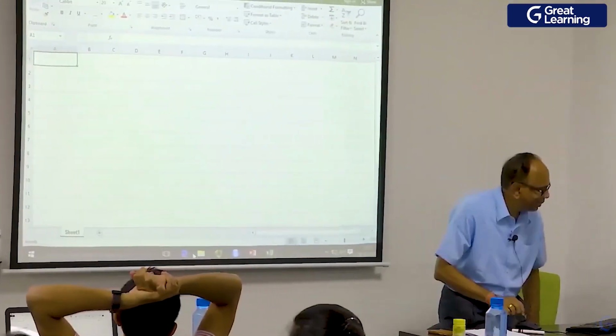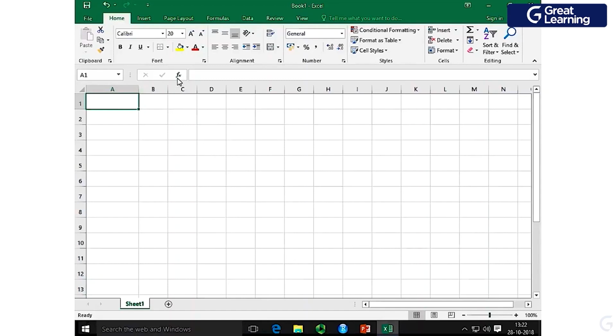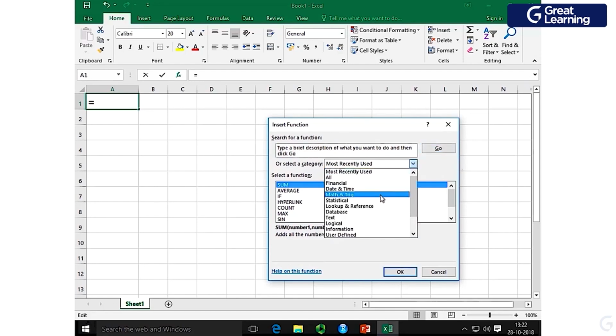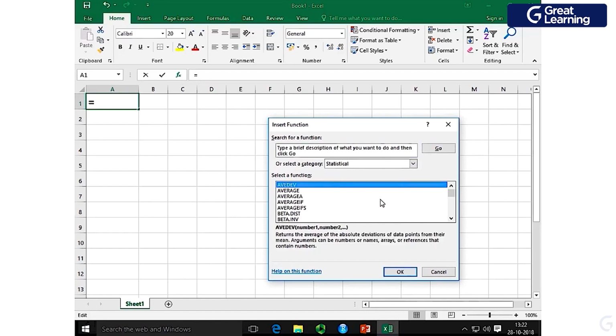You don't have to memorize. There is an icon here, fx. Everybody can see. So you insert that function. Then in the category statistical, you put here. Are you with me? Is it clear?